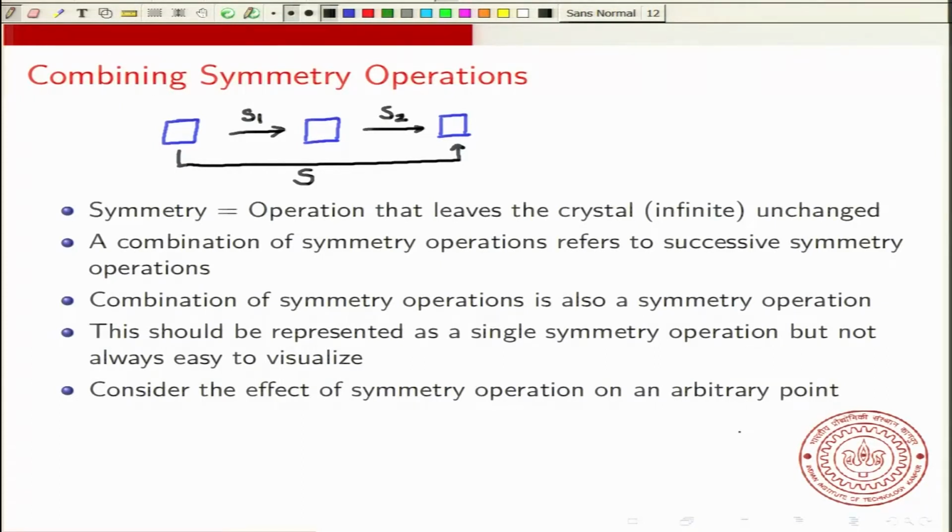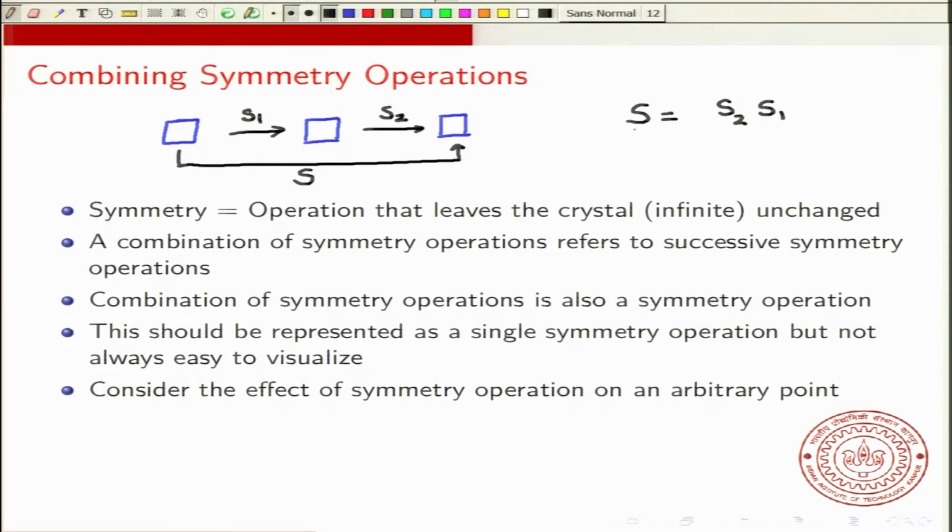And we express this relation as S equal to, so first you act by S1, then you act by S2. So, it is shown in this order. Typically, since the symmetry operation acts on the crystal, we can say that this symmetry operation on a crystal is equivalent to first acting by S1 and then by S2.